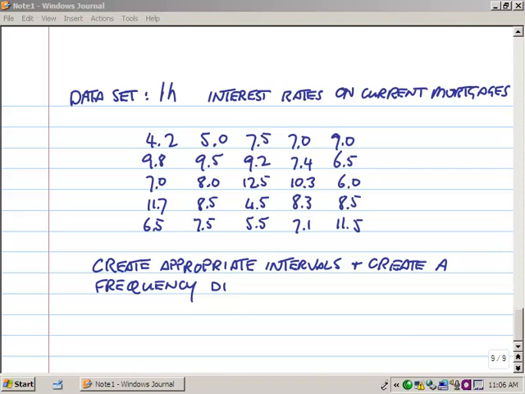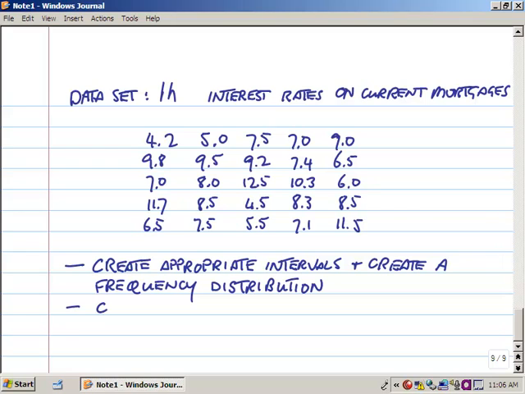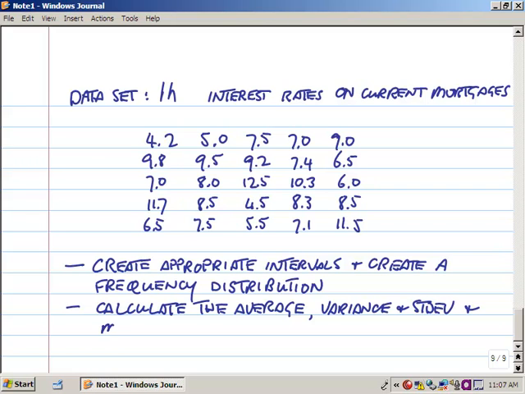In other words, intervals and the number of items in each of those intervals. Then I want you from that distribution to calculate the average, variance, and standard deviation. And the median from this frequency distribution.